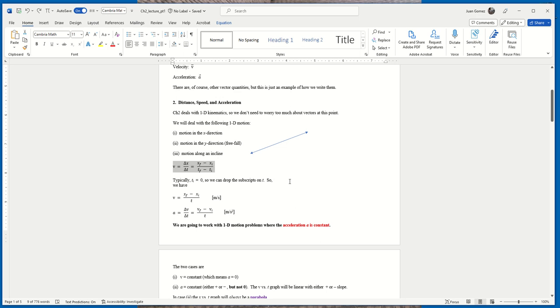Xf minus xi, meaning x final minus x initial, the final position minus the initial. What is delta t? t final minus t initial. Typically in all the problems that we'll ever solve, t initial is 0, so we're not going to worry about a tf and a ti. We just have t. So v is xf minus xi over t, in other words, change in distance over time.